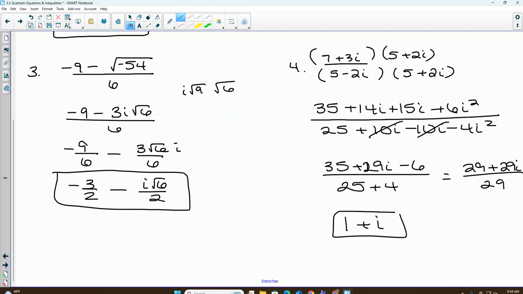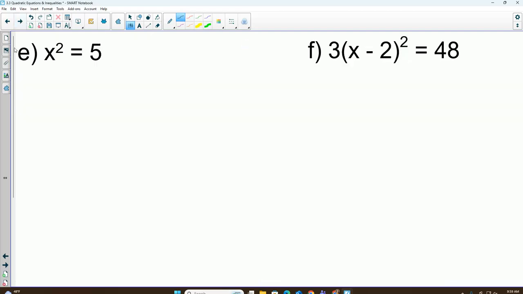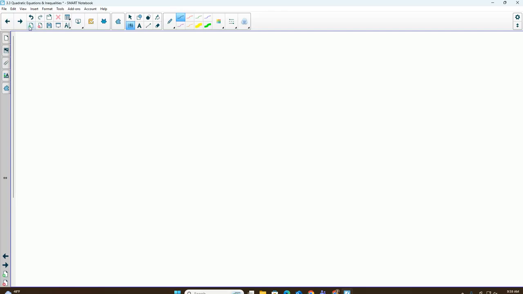We were working on solving quadratic equations.